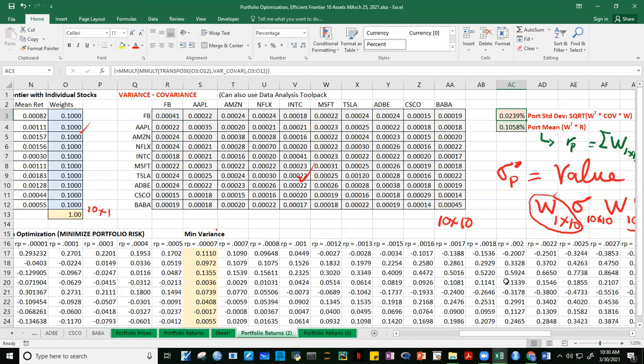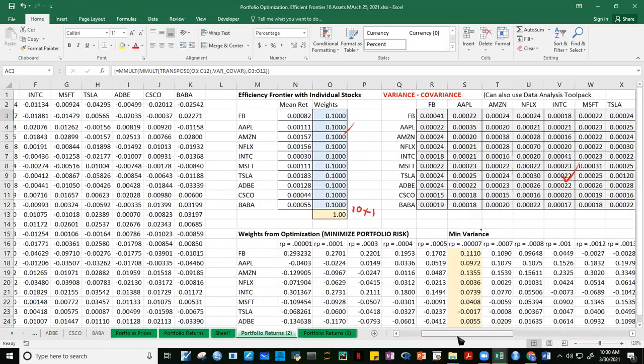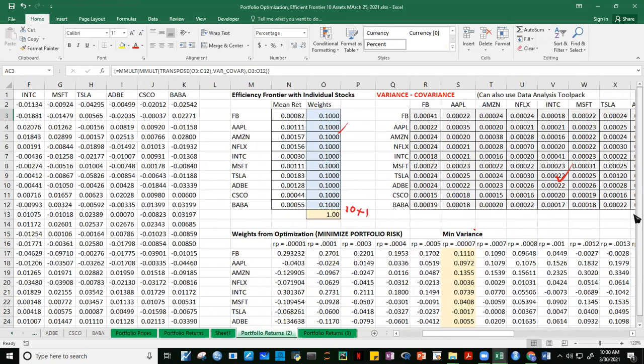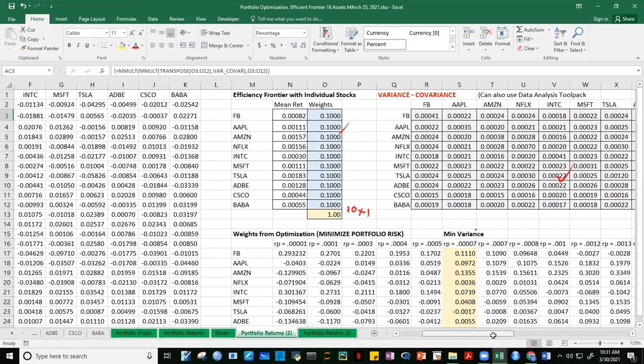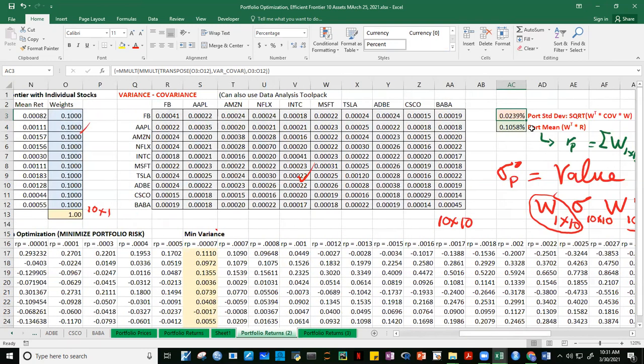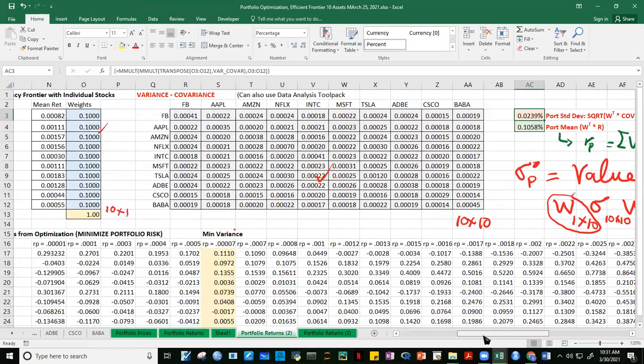So ang gagawin natin, mag-assume tayo ng different returns, and then i-compute natin yung standard deviation. Ipapasolve natin kay Excel kung ano yung weight para magkaroon tayo ng minimum na risk.